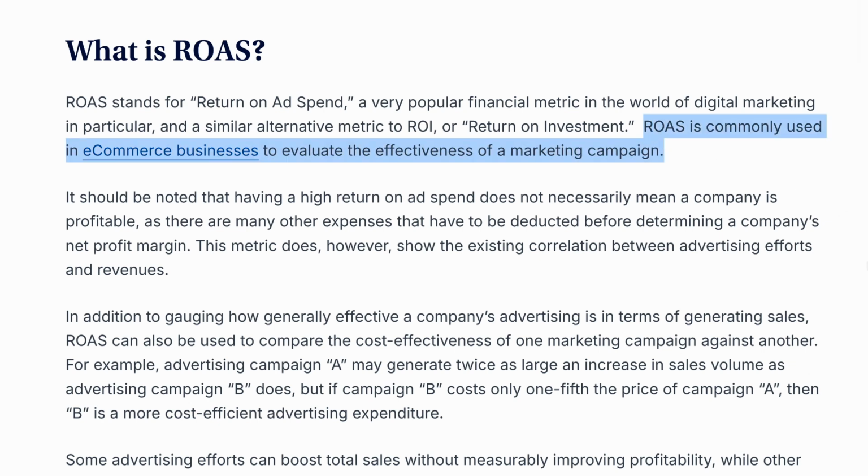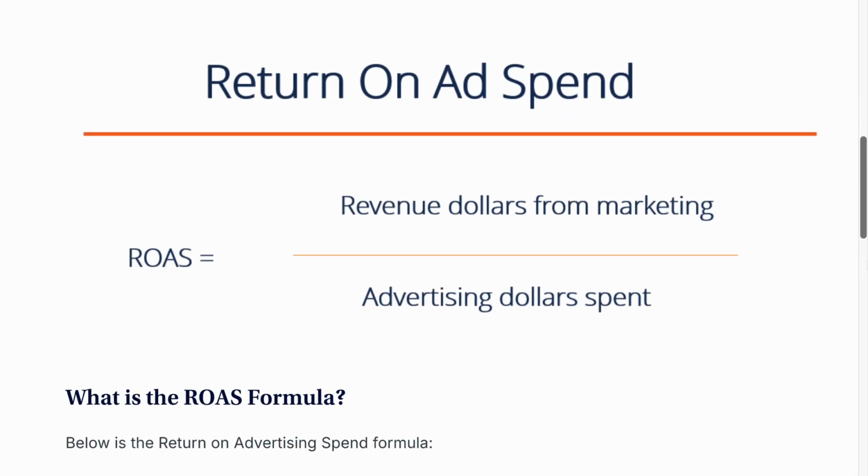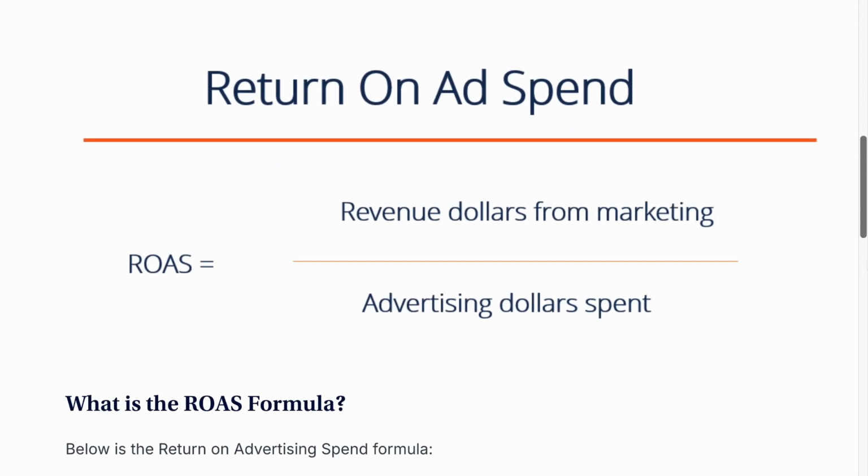This metric shows the revenue generated for every dollar spent on advertisement. ROAS of 4:1, or based on some other resources 3:1, is considered excellent, meaning you earn $3 to $4 for every dollar spent.